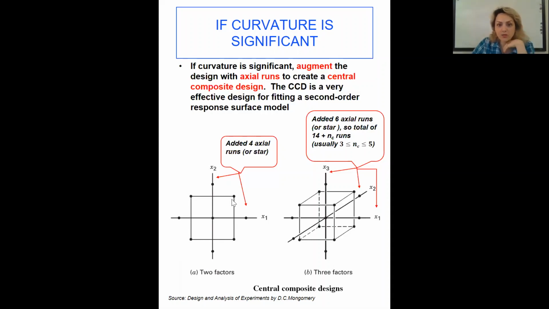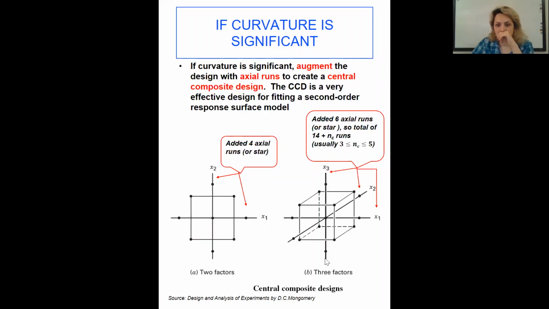So here I added 4 axial runs, or star runs. I already had 4 runs from the full factorial, 2 power 2, and with these 4, I would have 8 runs in total, for example.